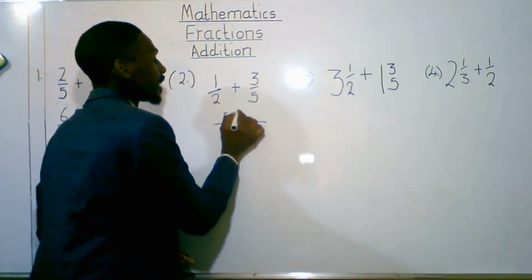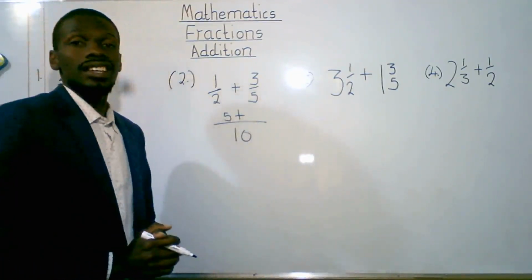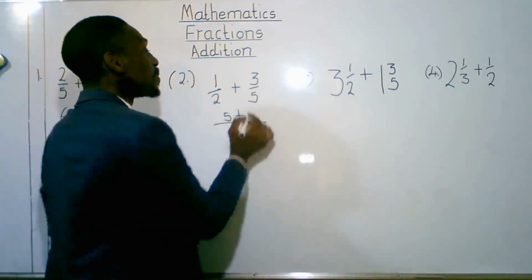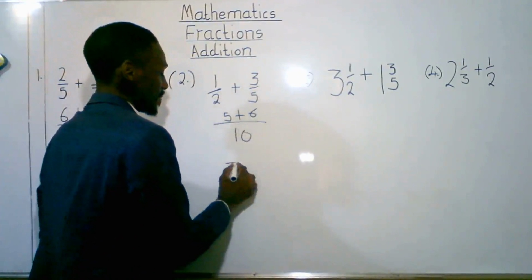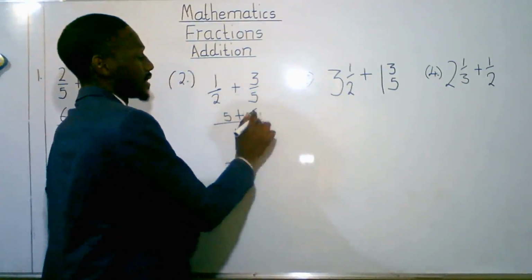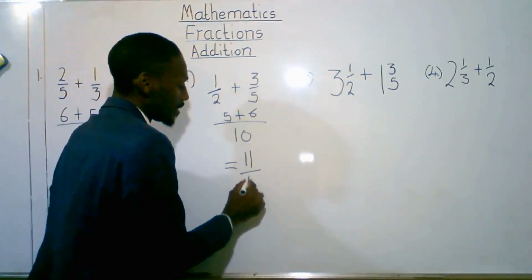We bring down the addition sign. 5 into 10 is 2. 2 multiplied by the numerator is 6. Excellent. 5 plus 6 is 11 over 10.